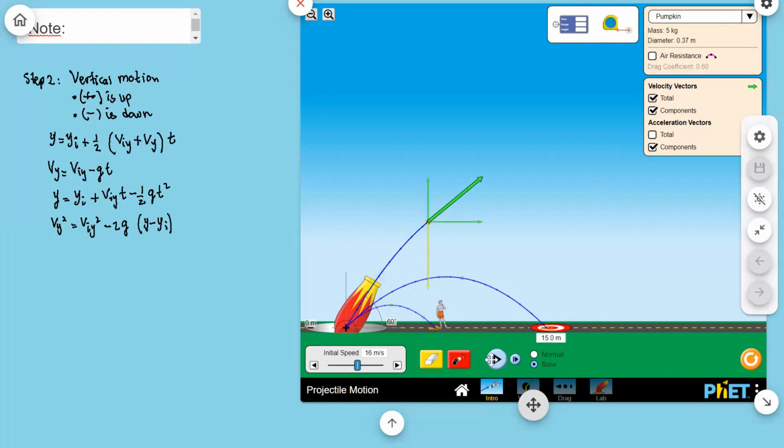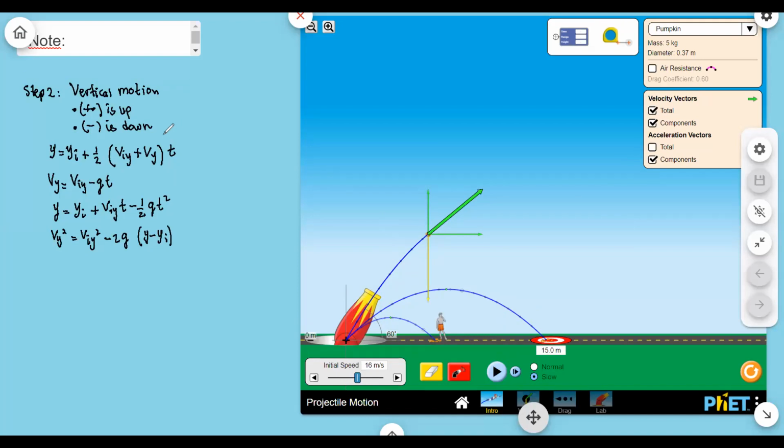So which one is the acceleration due to gravity from the simulation? Why? The acceleration due to gravity is negative because from the simulation, this is the direction of the acceleration due to gravity. We have already assumed that negative sign is for downward, which means the acceleration due to gravity is negative.